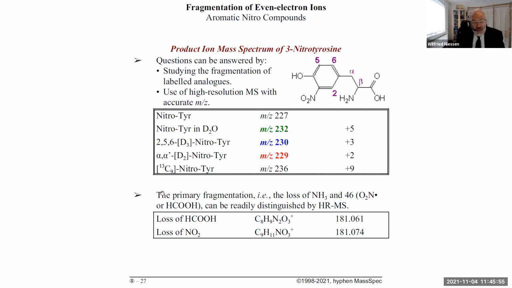And finally, we have a 13C9, so a fully 13C labeled analog of the nitrotyrosine as well. And we use the data from this in order to sort out the two questions which we have.